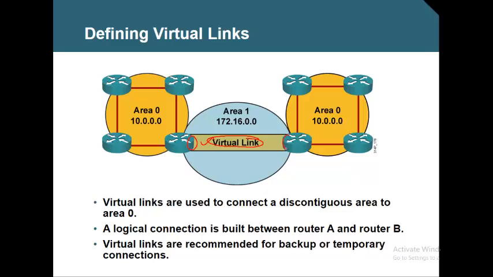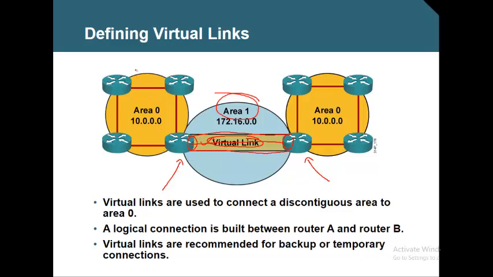Yes. The entire area 1, end to end, appears like a link. According to this router, you got a link to connect to this router. But truly it is one area. It is actually an area.